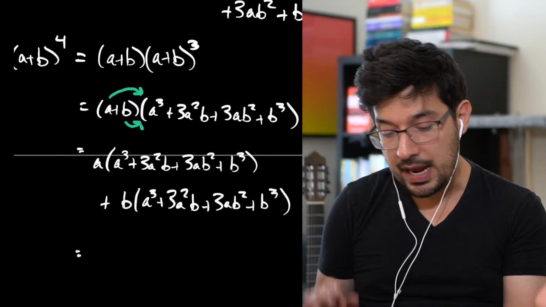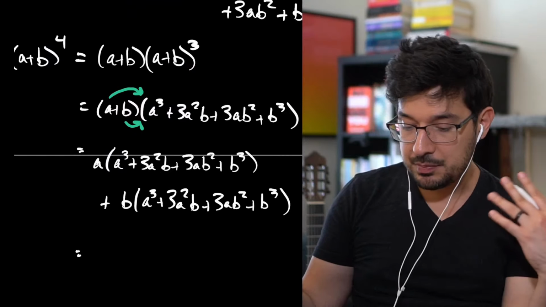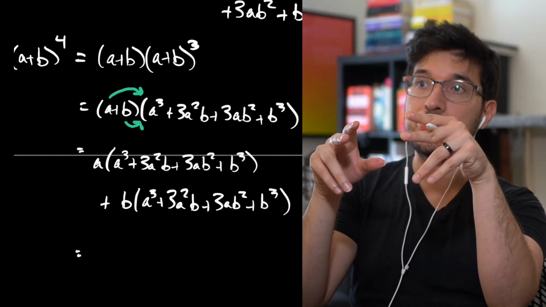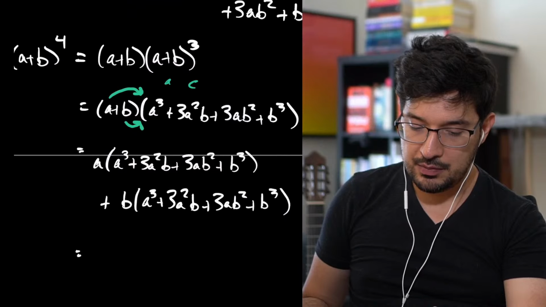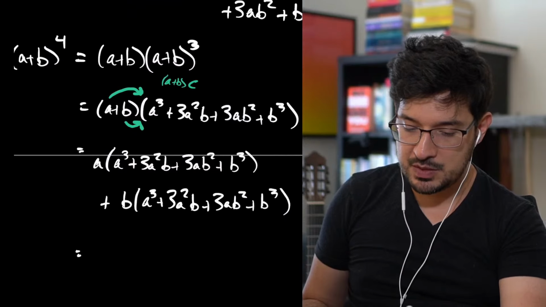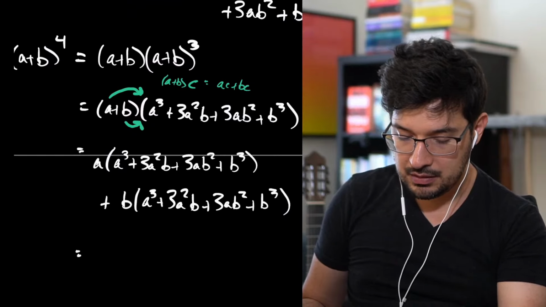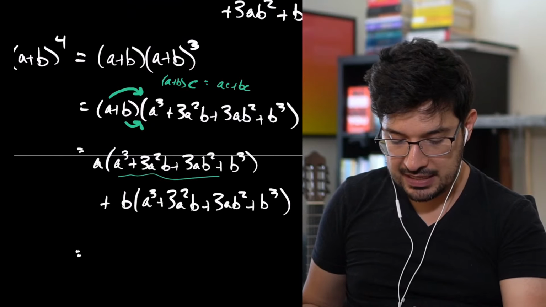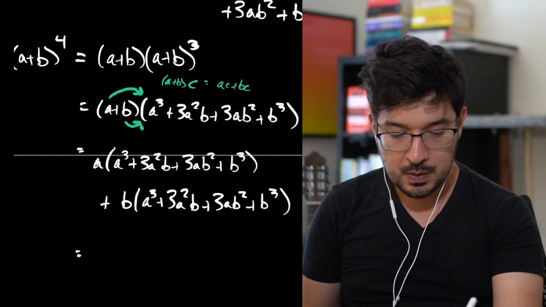a number. A cubed plus 3a squared b plus 3ab squared plus b cubed. Ultimately that's a number. We could call it c or something. And we know that a plus b times c is ac plus bc. So here we have a times c plus b times c again.